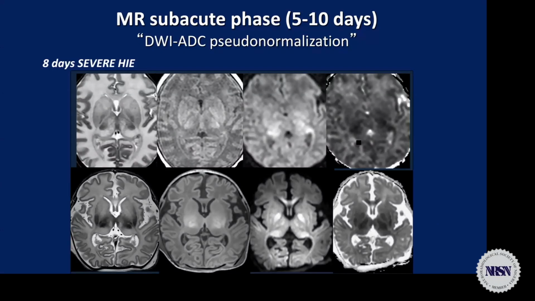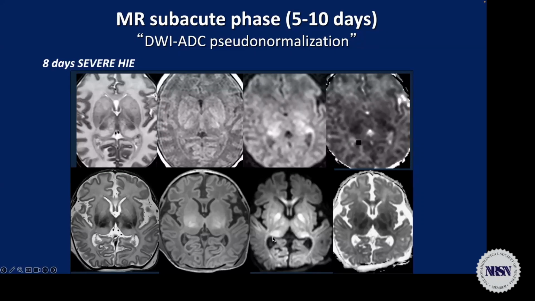What happens in the post-acute phase, at 8 days in severe HIE? You have something that is called a pseudo-normalization of diffusion.